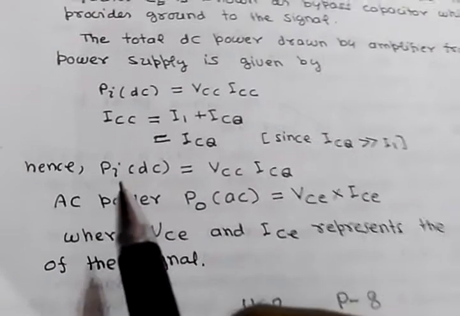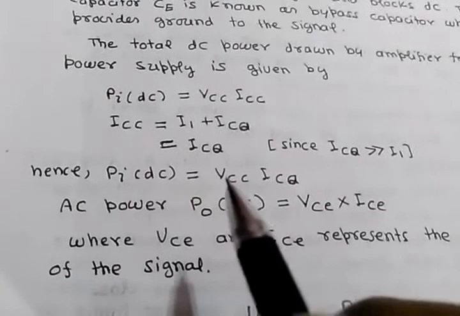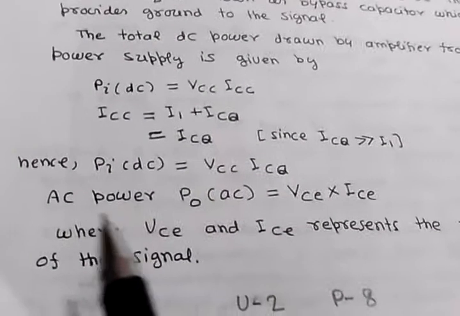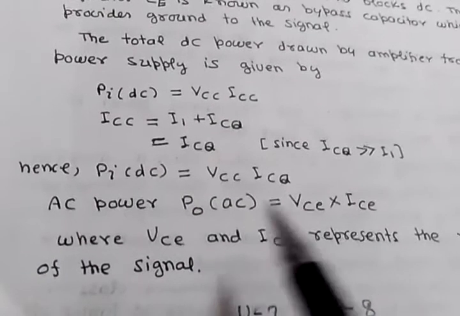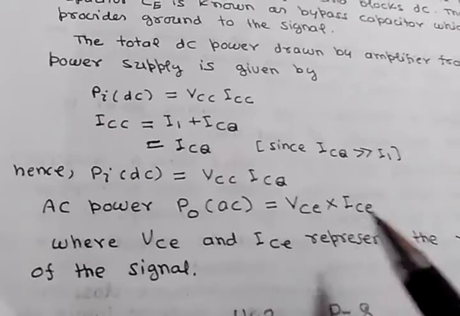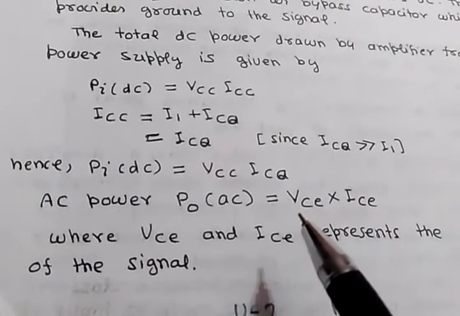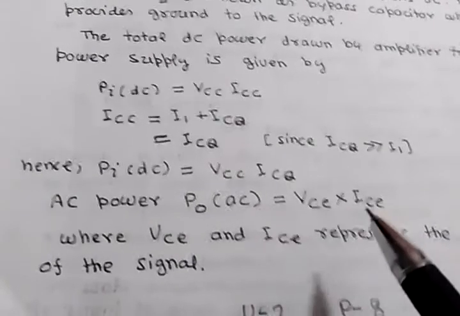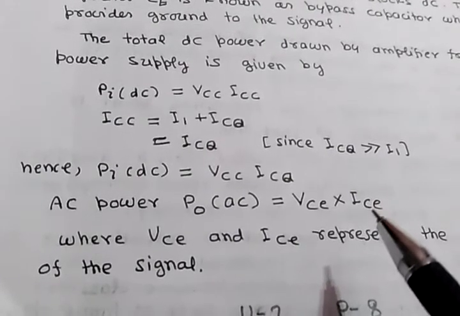Hence input DC power PIDC equals VCC into ICQ, and AC output power POAC equals VCE multiplied by ICE, where VCE is the RMS value of collector to emitter voltage and ICE is the RMS value of collector to emitter current.